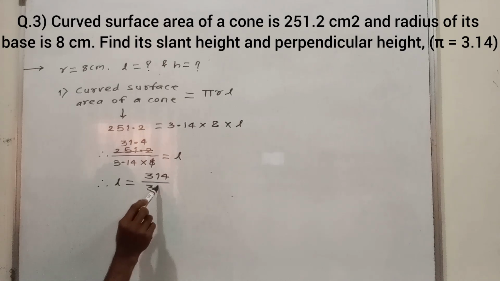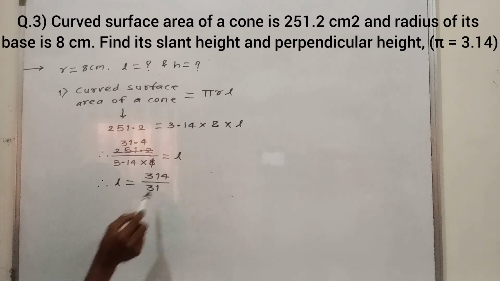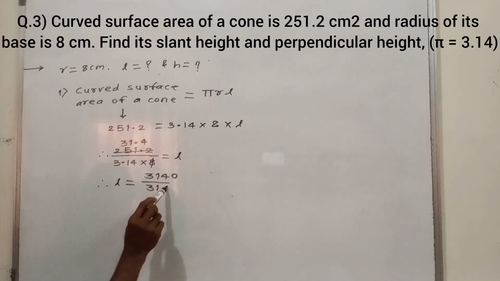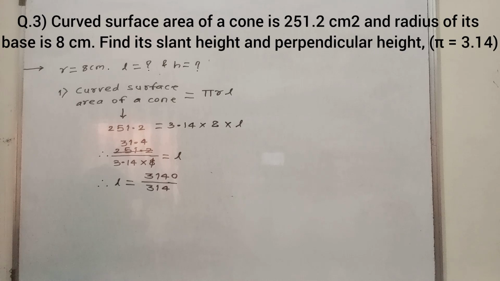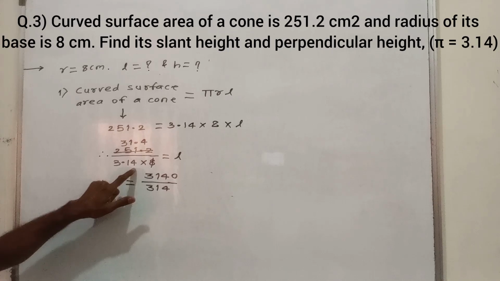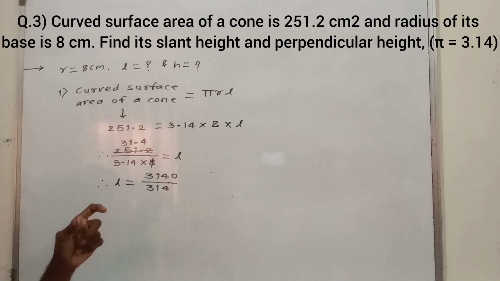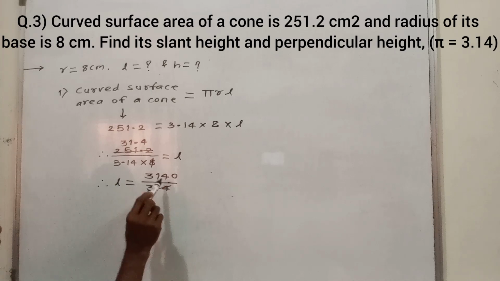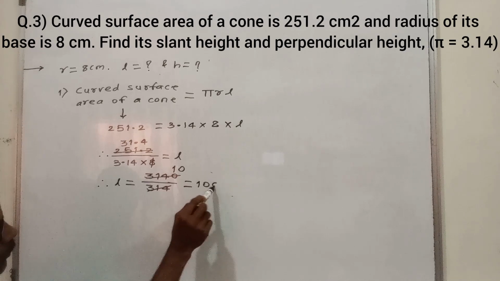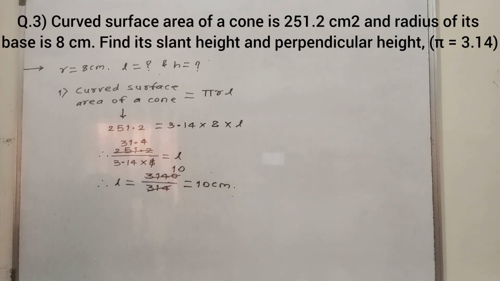So first we eliminate the single decimal place, then 31.4 upon 3.14. We give 0 to numerator. Very simple. 314 tenza. l is equal to 10 centimeter.